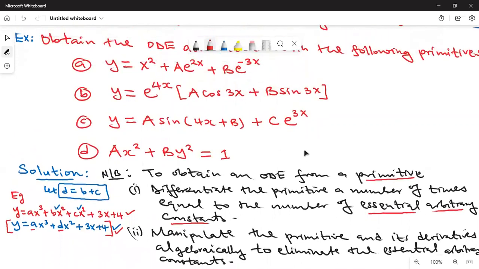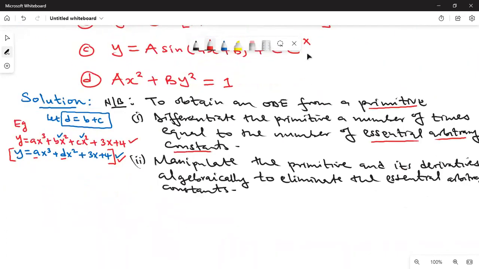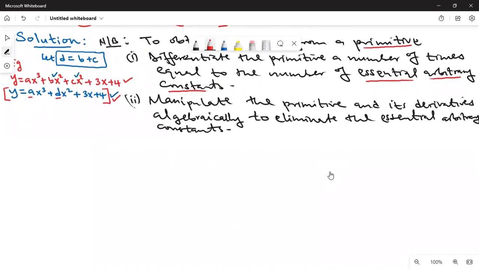We start with part A, y is equals to x squared plus a exponential 2x plus b exponential negative 3x.